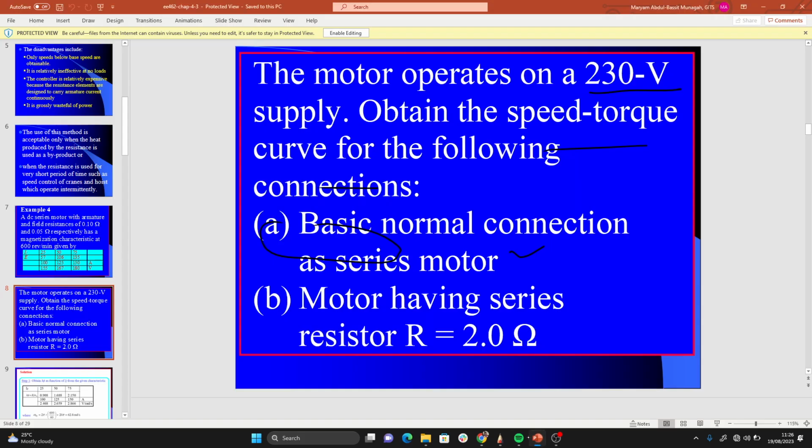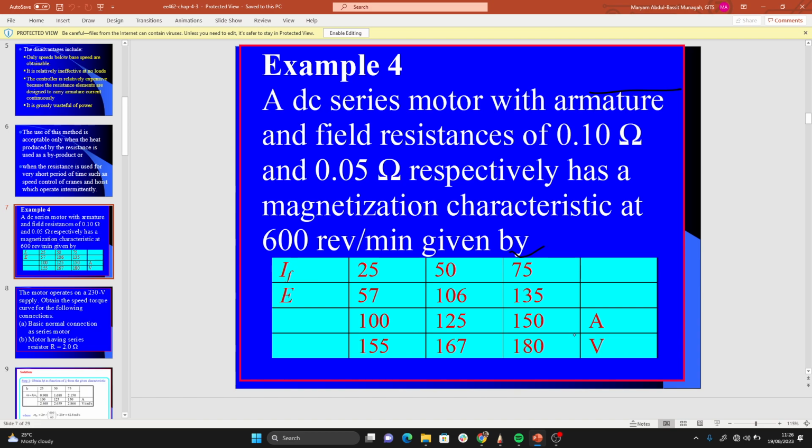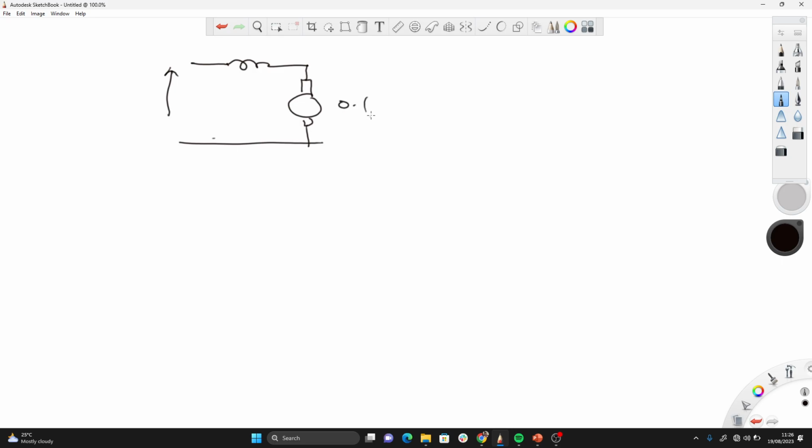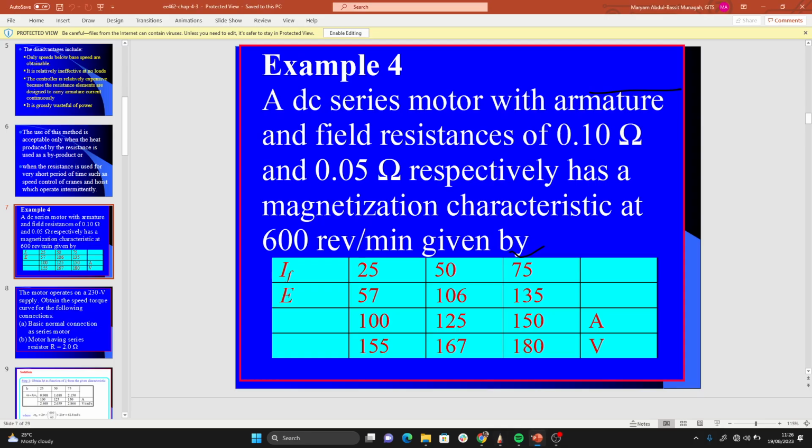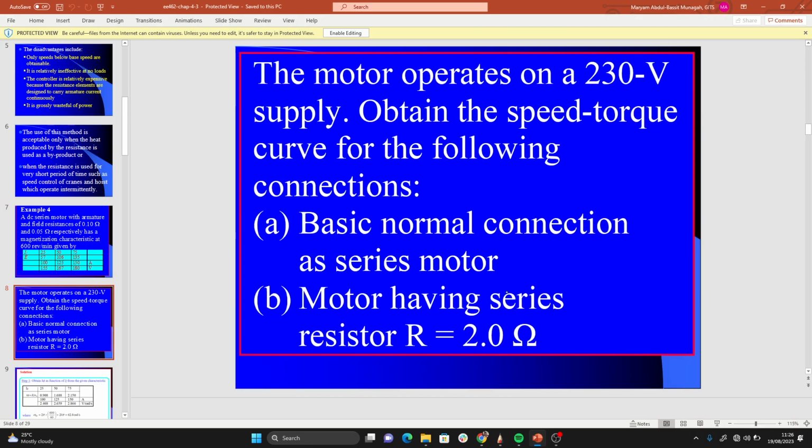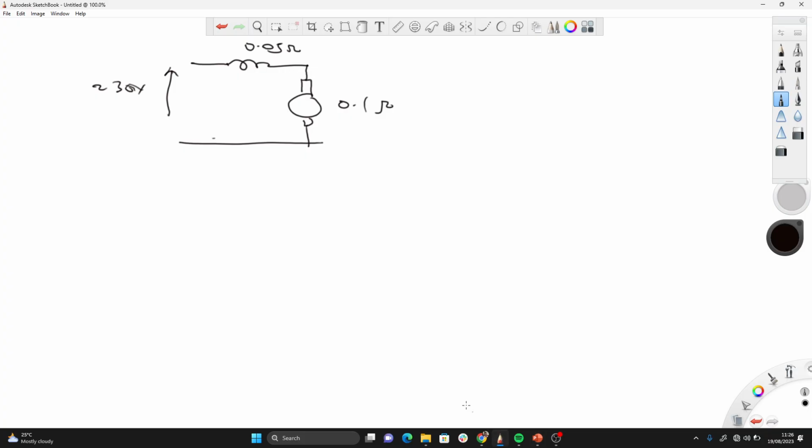They're giving from the question that the voltage source is 230 volts, RA is 0.1 ohm, RF is 0.05 ohm. So we're having something like this, right? And they said obtain the speed torque curve for the following connections.